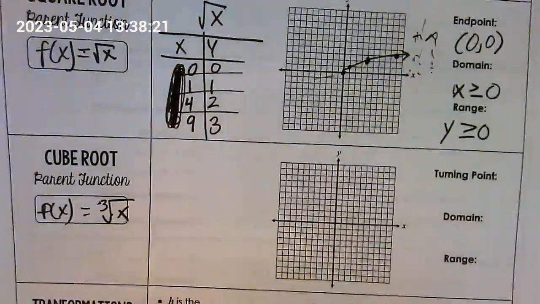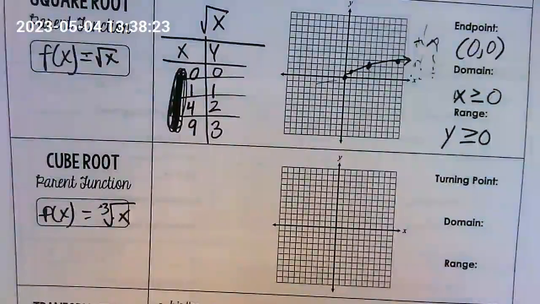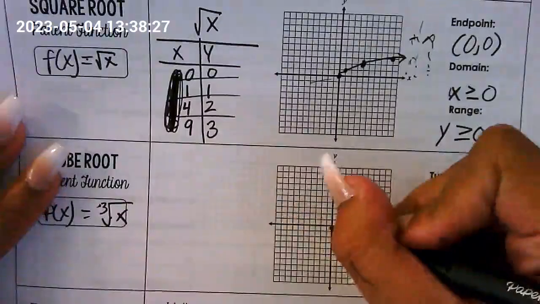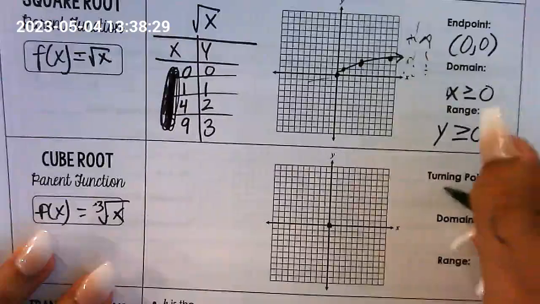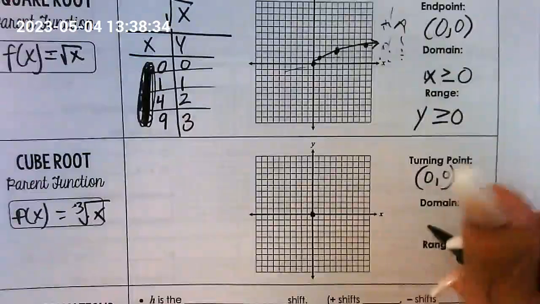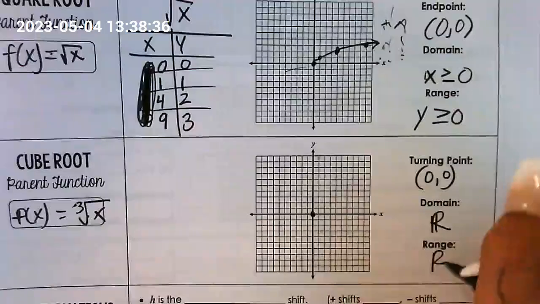Let's do the cube root one. Okay? So we have 0, 0 is also the turning point. But the domain for both of these is always going to be all real numbers.